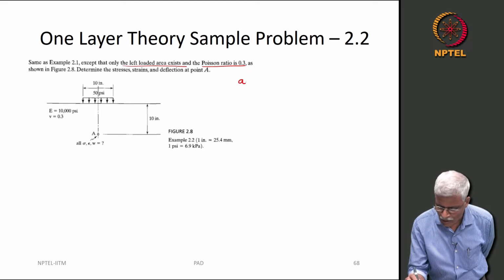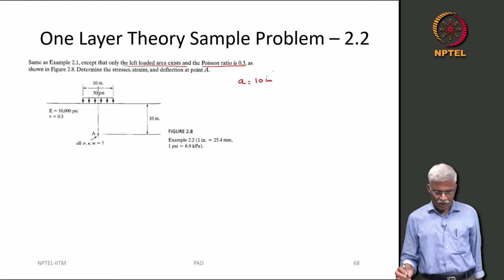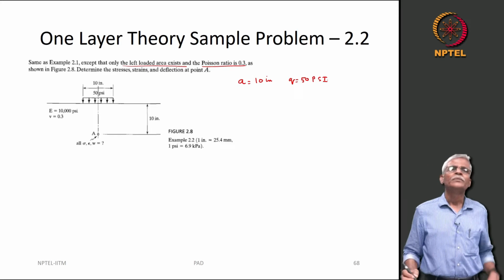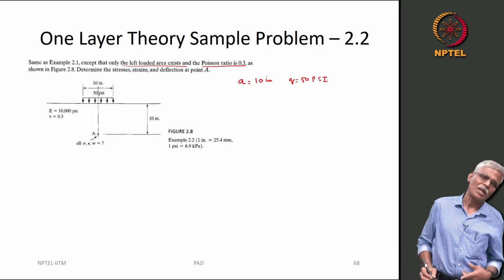What is known to us? A is equal to 10 inch, Q is equal to 50 psi. Now, I am going to use the equation numbers.